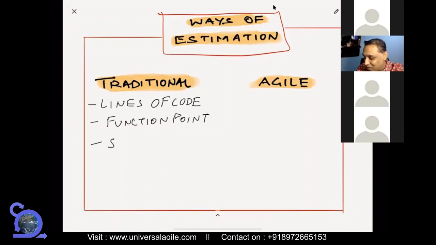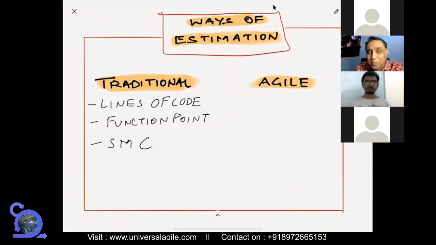Yes, the SMC model: simple, medium, complex. So these are traditional methods which people used to do in organizations. There were many more, customized methods per organization and things like that.